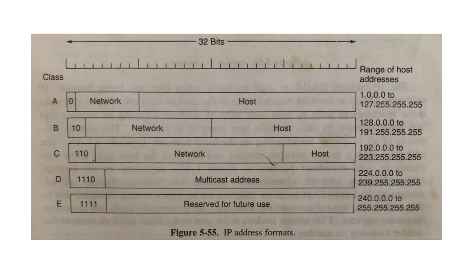Similarly, for class C, if the second bit is 1 and the third bit is 0, it is a class C IP address. For class D, if the third bit is 1 and the fourth bit is 0, it is a class D IP address. If the third bit is 1 and the fourth bit is 1, it is a class E IP address.